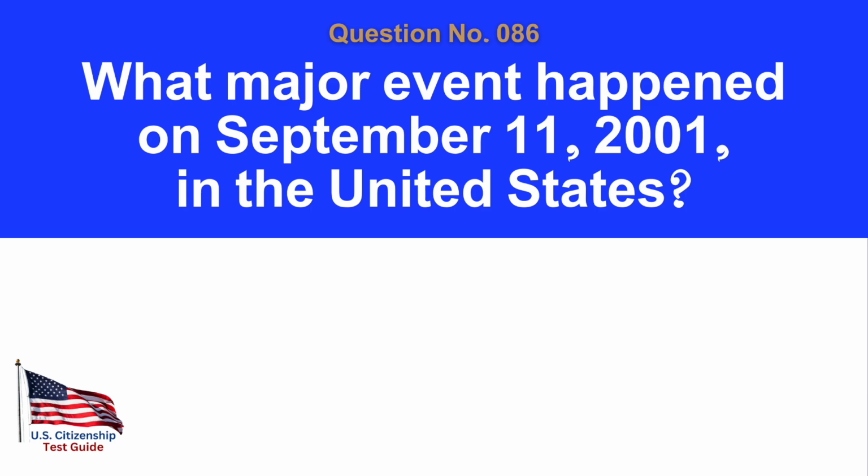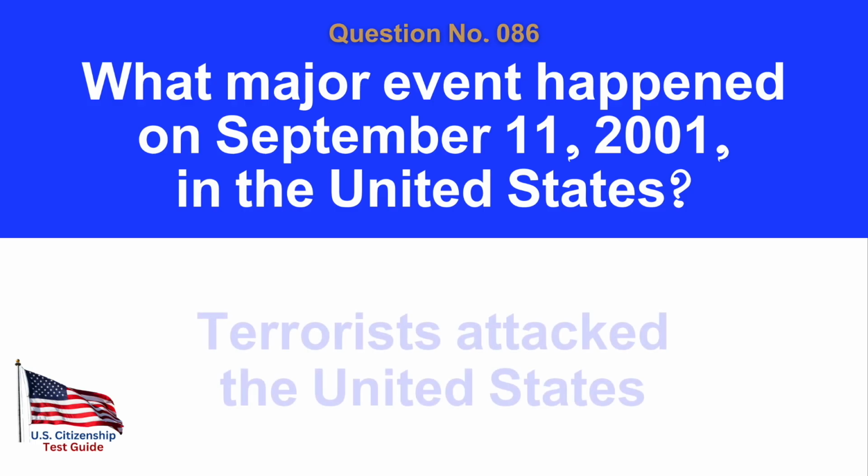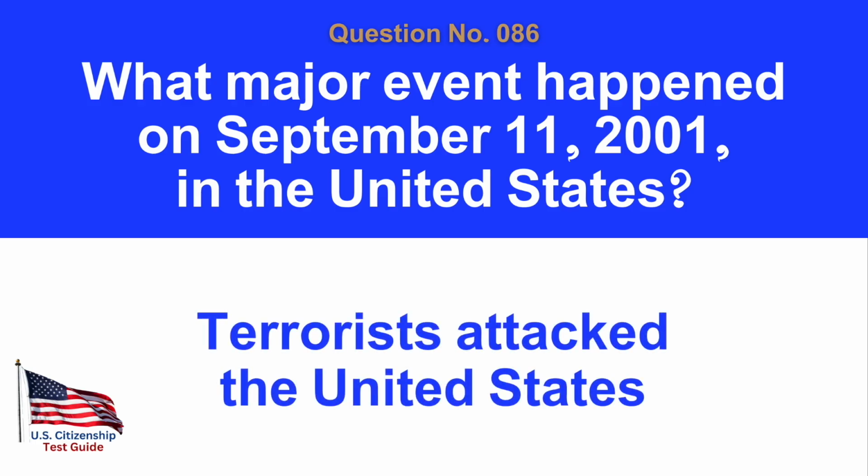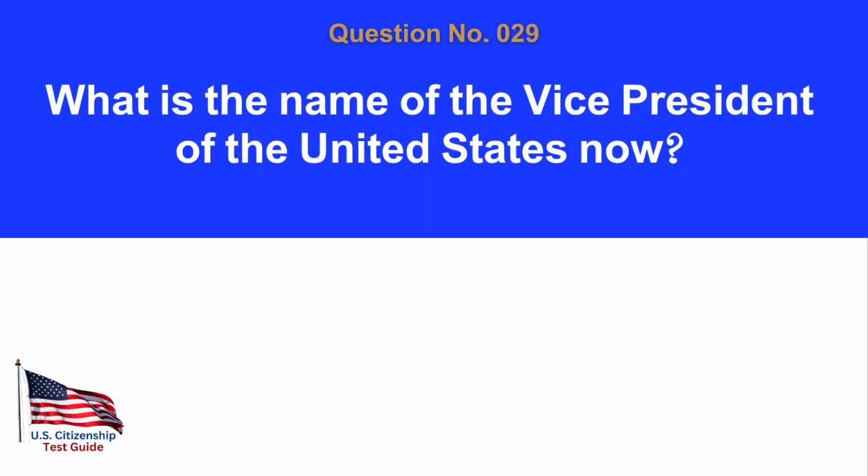What major event happened on September 11, 2001 in the United States? Terrorists attacked the United States. What is the name of the Vice President of the United States now? J.D. Vance.